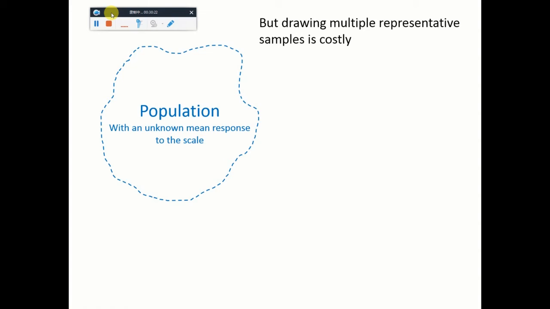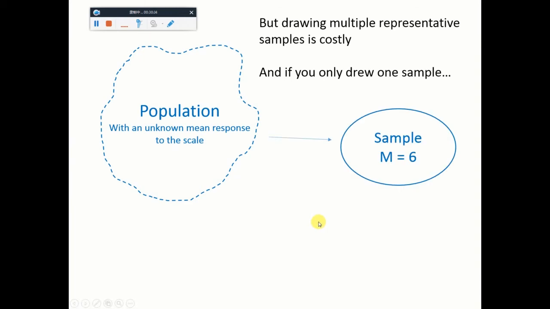So most of the time, we're making guesses based on one single sample. Let's say you draw a sample from the population, and we'll forget all about all the previous samples that we drew. So now we only draw one sample, and you calculate the sample mean to be 6.